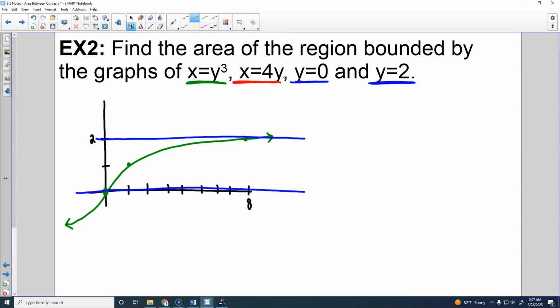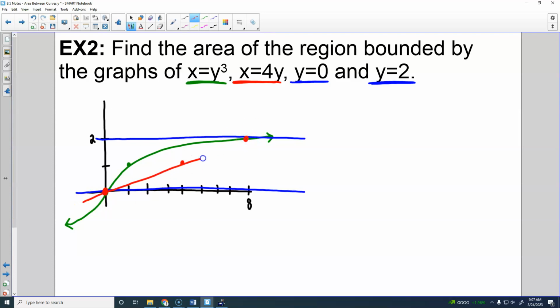Sometimes it's best just to plug in some numbers. If I plug in 0, I get 0. If I plug in 1, I get 4, so that's the point (4, 1). And if I plug in 2 for my y, I get 8, so that's this point right here.